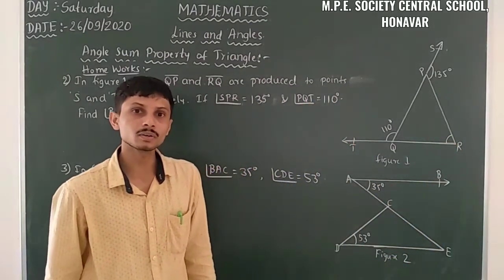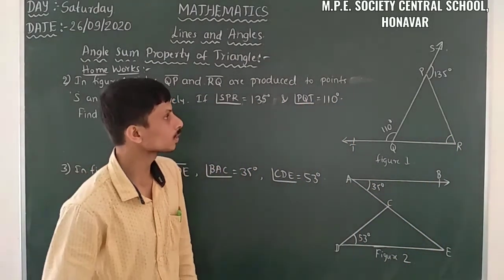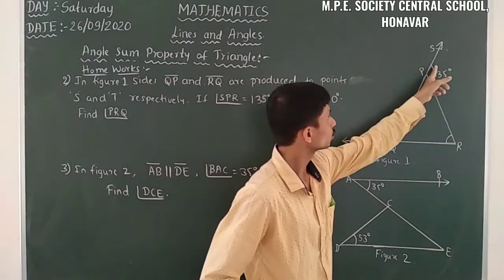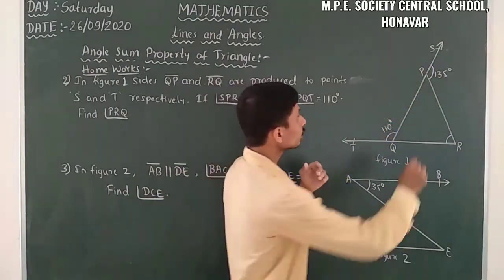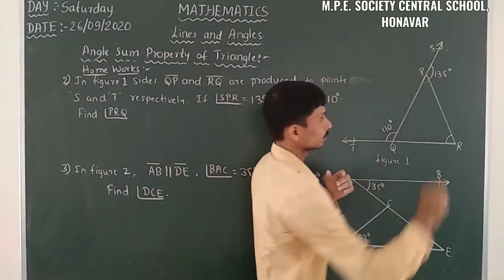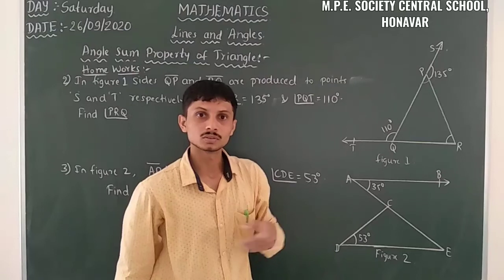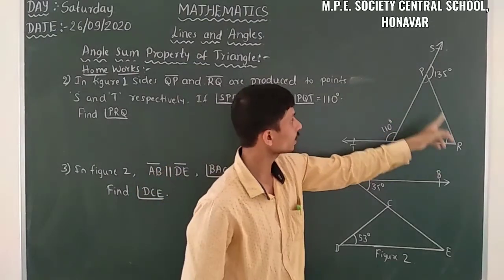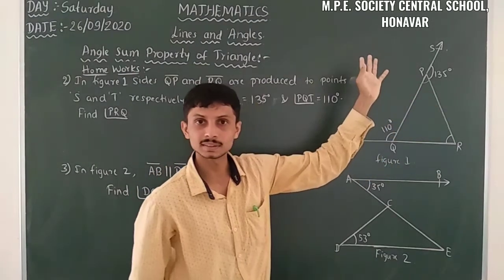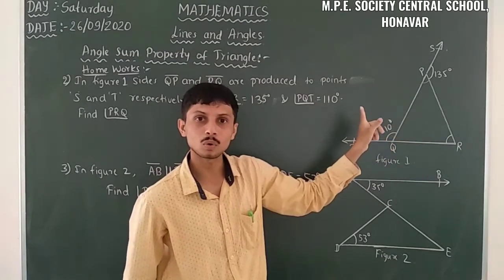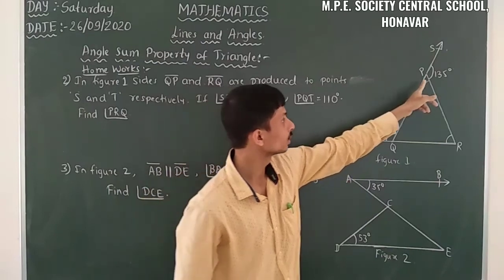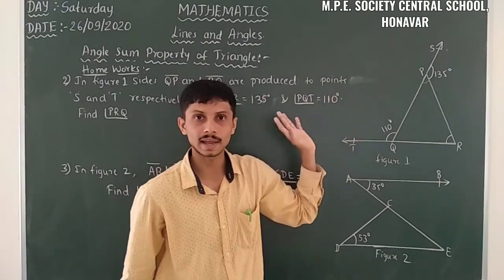So how can we find that? Just observe here. The total angle formed is 180 degrees, so from that we can identify this angle. When ray PR stands on this line QS, the adjacent angles formed sum to 180 degrees. From that we can find that angle.